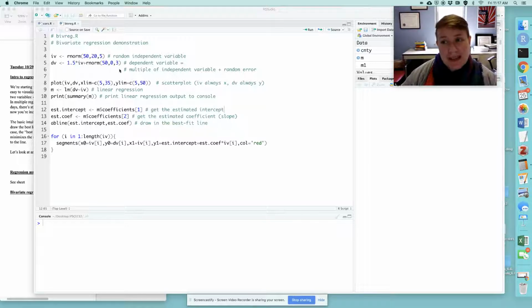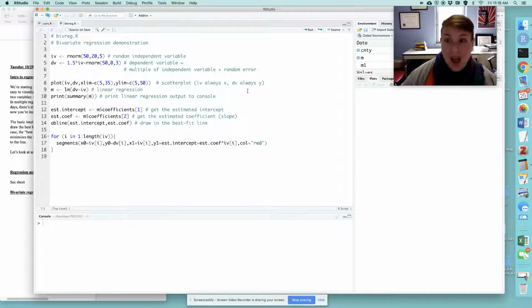We're assuming that the intercept is 0. The error term has a mean of 0 and a relatively small standard deviation. So here's a random independent variable and a dependent variable that we've constructed to be a multiple of the independent variable plus a random error. And the multiple, that 1.5, is the theoretical slope.